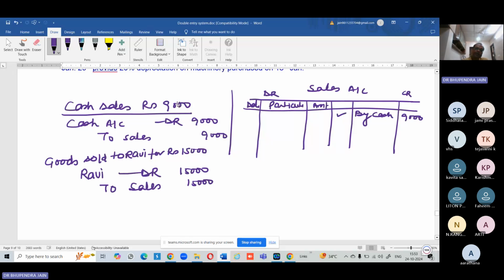Now, beta, first we need to open the Ravi account. So how to prepare the Ravi account? First, write down the name of the ledger. And the ledger is divided into 4 columns.